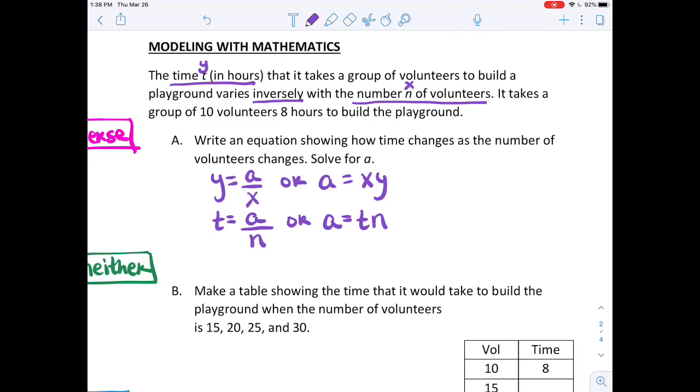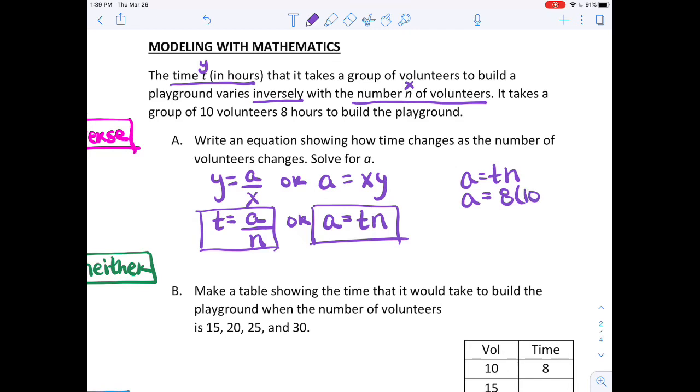All right, so let's go ahead and solve for a. That was the second part. So this is our equation right here. But we want to know what a is. So we can say that a is equal to t times n and plug in the values that we know. We know that it takes 8 hours when we have 10 volunteers.